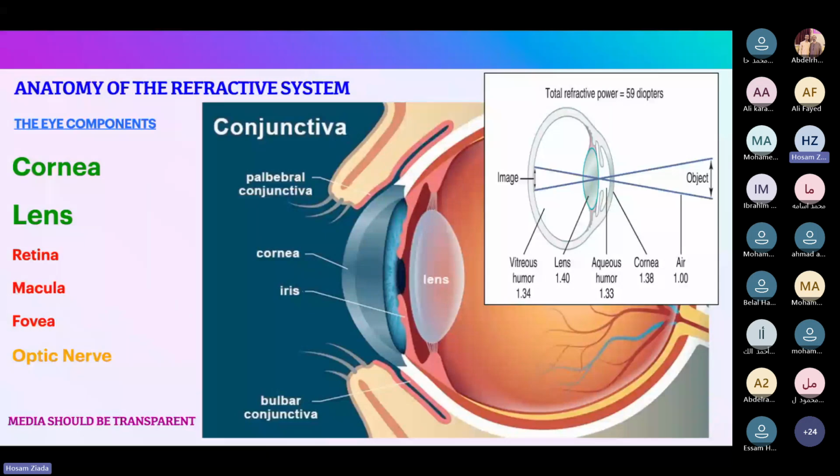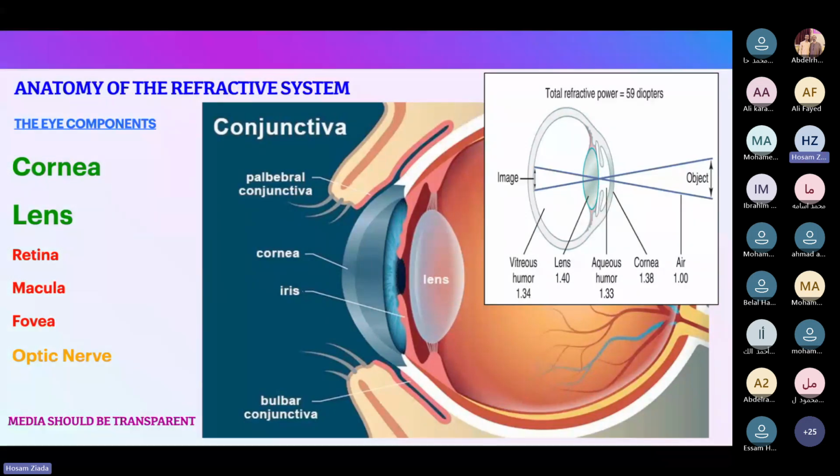So I don't like to disturb your mind with a lot of information today, just emphasizing and focusing on some terms to know. And you have to know these terms because they are the basic background regarding the optics of the eye and refraction of the eye.